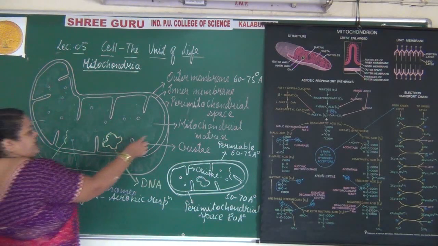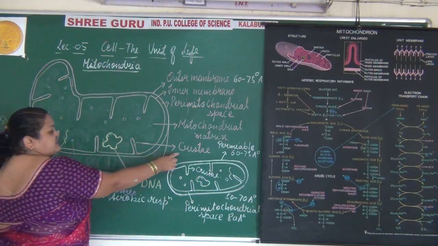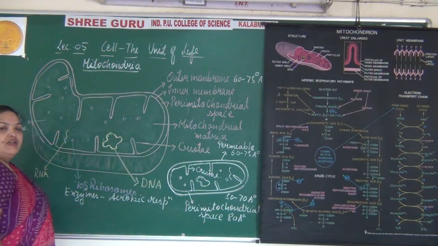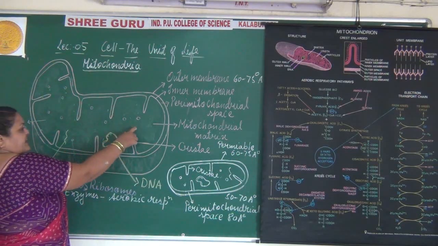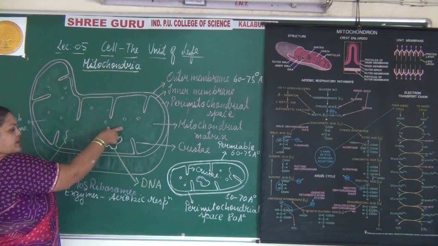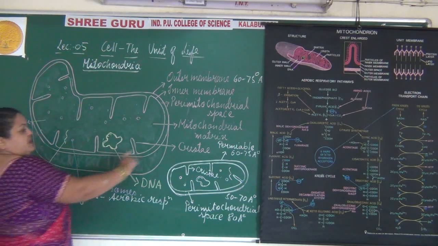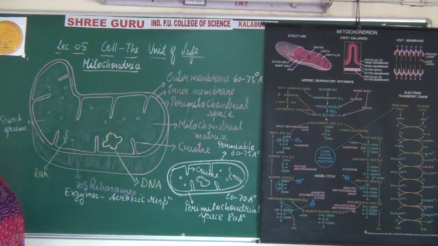The inner membrane shows finger-like projections called cristae, which enclose a cavity filled with proteinaceous fluid, called the mitochondrial matrix.